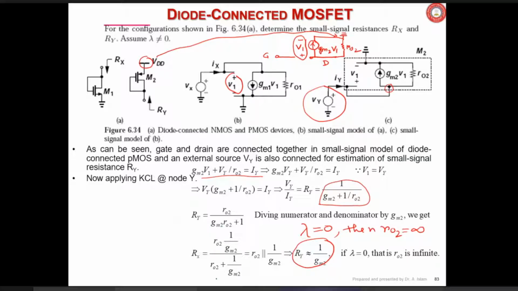Possibly this is Y, a typing mistake. See whether it is understandable or not. Same thing. It is nothing more or less for the other MOSFET also. It is the same. Only you are drawing it in this way.